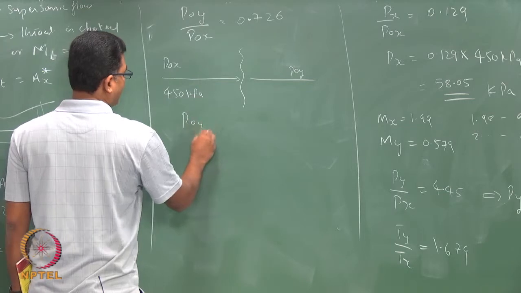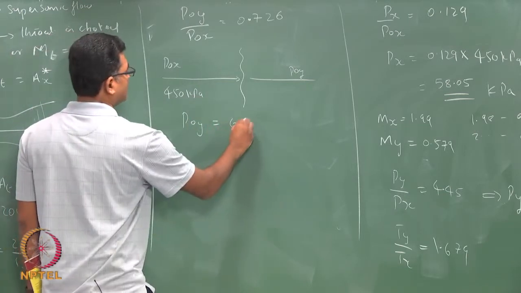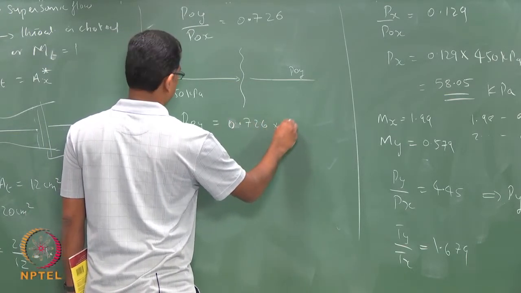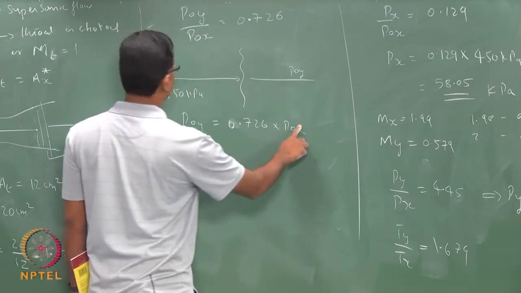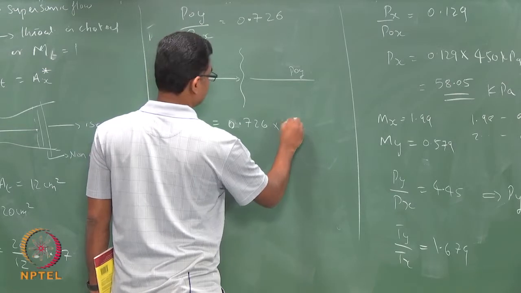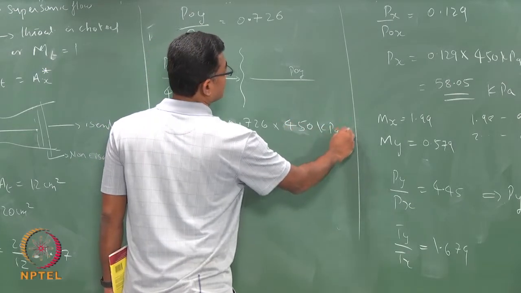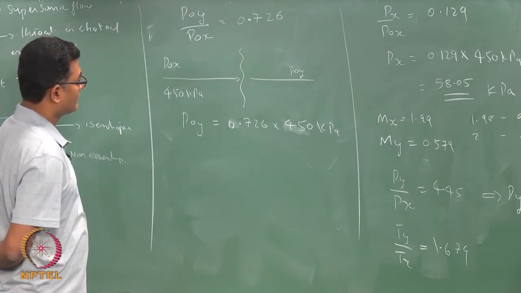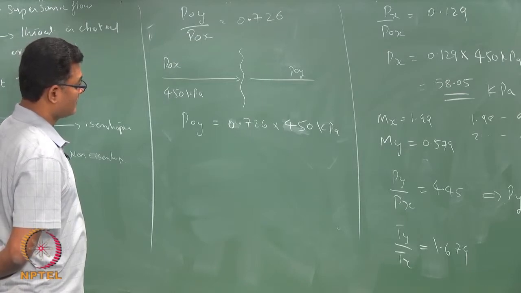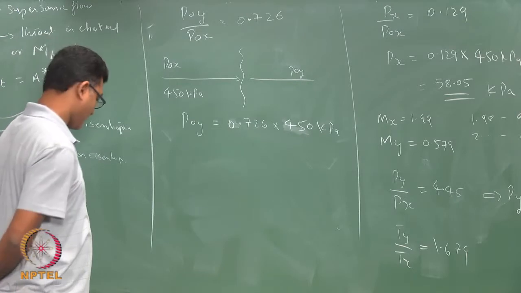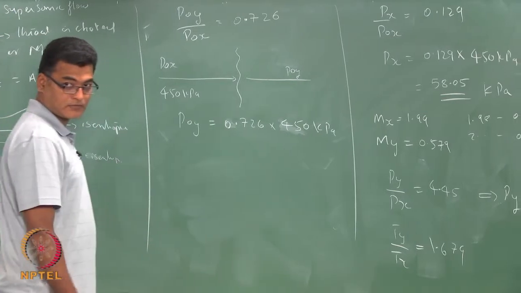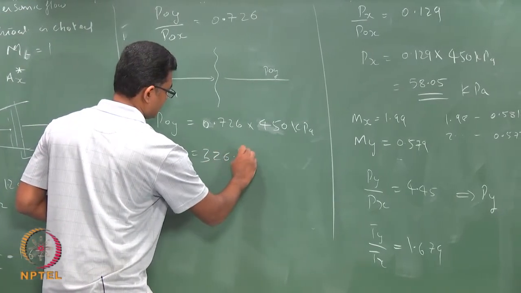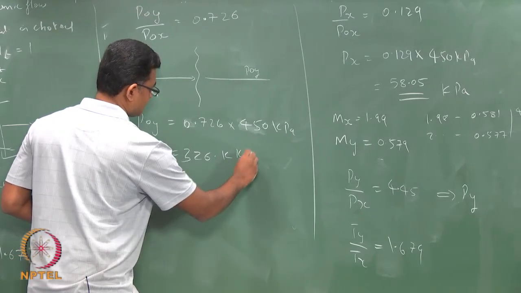So my P0y is 0.726 into P0x, where P0x is 450 kilopascal, which is 326 point something kilopascal.